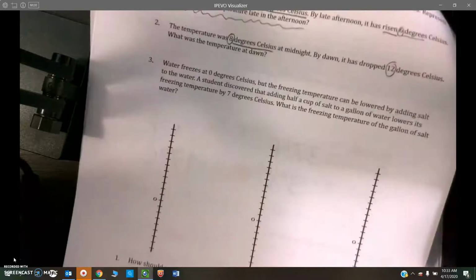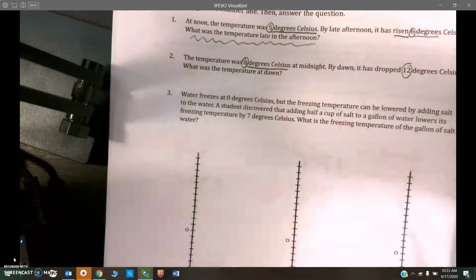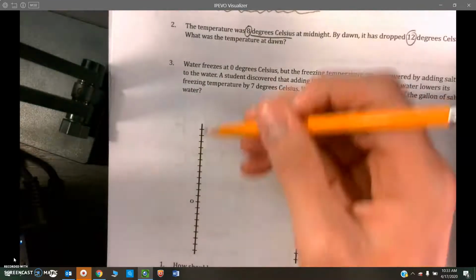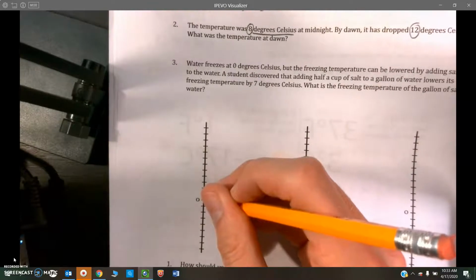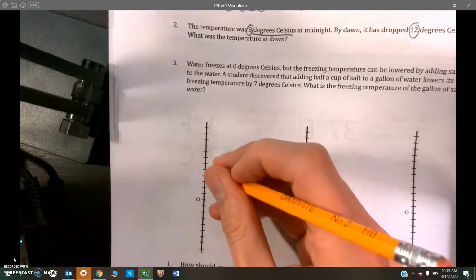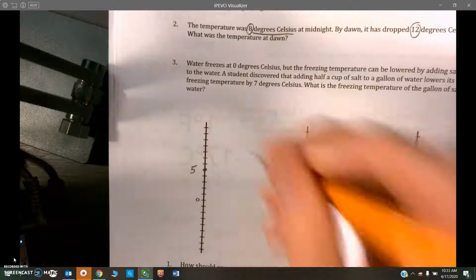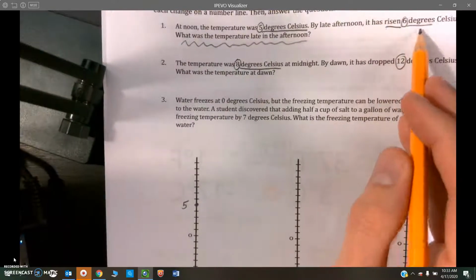So I'm going to go down to my first number line here. And it says at noon, the temperature was 5 degrees Celsius. So imagine that this is a thermometer. 5 is warmer than 0, and it's 5 units up. So 1, 2, 3, 4, 5. So that means it was, here is my 5 degrees Celsius. And then it says it has risen 6 degrees.